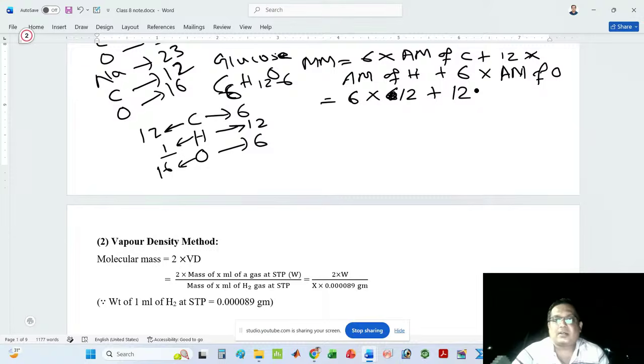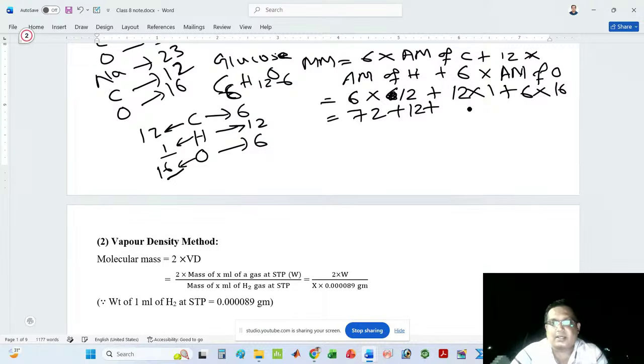Next I give the plus sign, 6 into the atomic mass of oxygen. The atomic mass of oxygen is 16, so I can write 6 into 16. Here 6 into 12 is 72. Next is 12. Next 6 into 16 is 96.